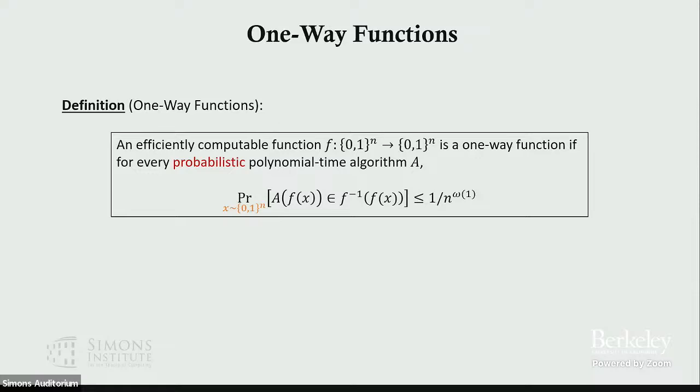But in the more formal definitions, it says that it's hard to invert for almost all inputs, not every input. And it has to be hard against probabilistic adversaries. These are two important details in the definition of one-way functions.